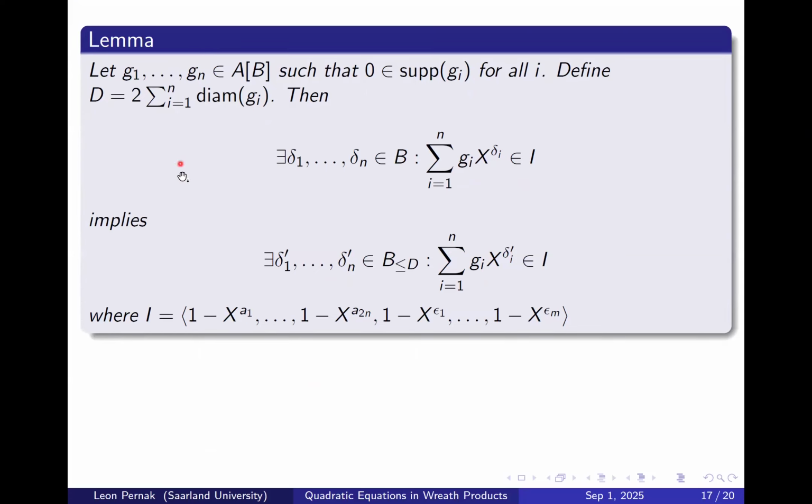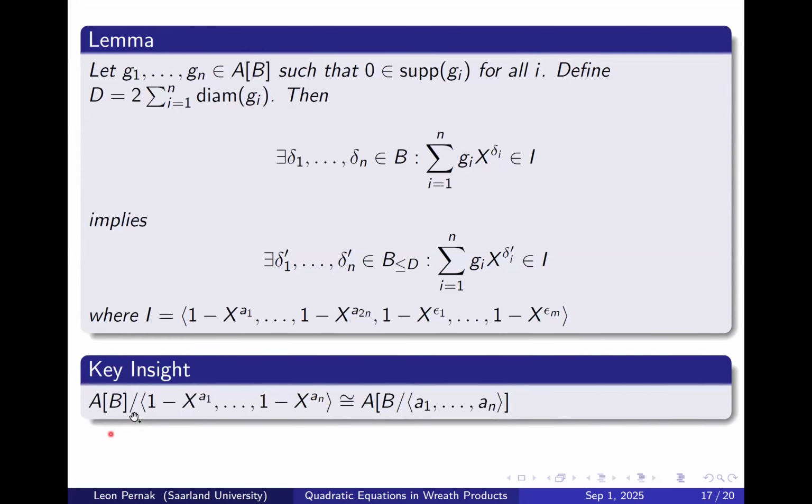But the key insight here now is what do these ideals do? I have to basically look at the quotient of A times B. And these quotients are just quotienting the index group B by the subgroup generated by the exponent of these ideals.